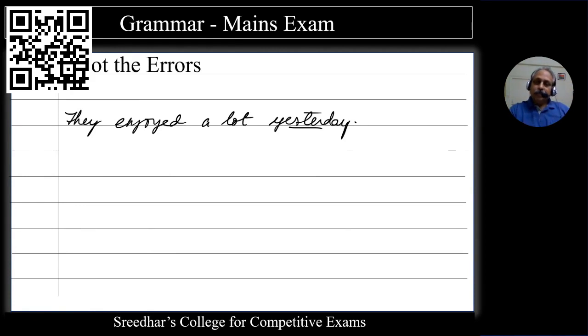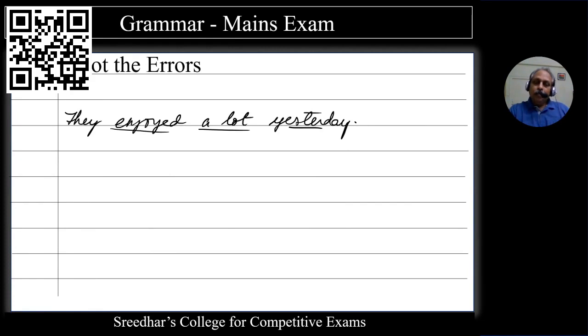Yesterday, the sentence should be in past tense. Here, the sentence is in past. Then you should wonder, where is the error, whether it is right or wrong. What is the verb here? They enjoyed. There is no object. They enjoyed how much? A lot. They enjoyed when? Yesterday. And these are adverbs. But there is no object. What is the object? If you get an answer with two question words, what or whom, that is your object. They enjoyed what? No object.